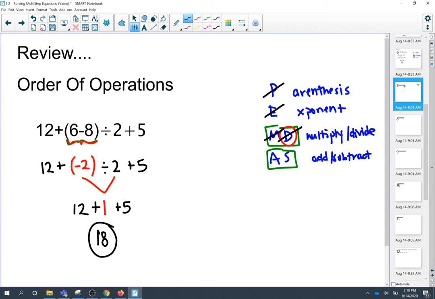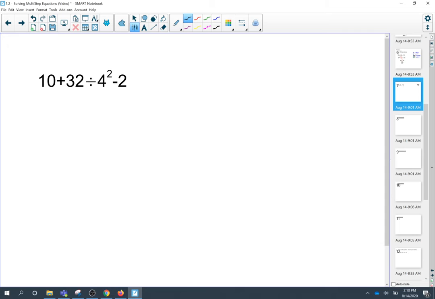Let's try again. Please excuse my dear Aunt Sally. Take a look at your expression. Are there any parentheses? No. Are there any exponents? Absolutely. If I go do the exponents, I'm just grabbing 4 squared. 4 squared really means 4 times 4.